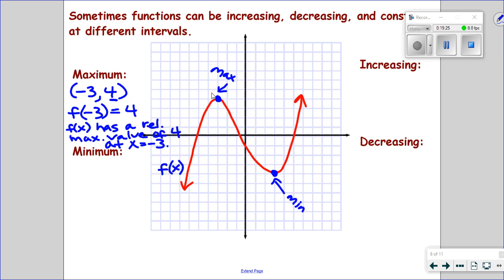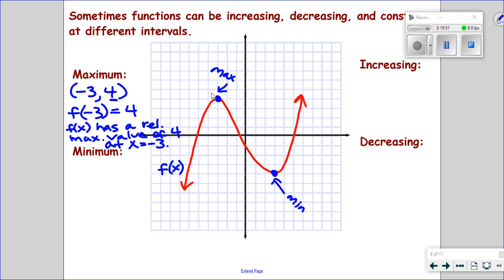So think about the turtle crossing activity that we did. In one of the problems, I think we found that the turtle had traveled like 8 feet. And so let's say that was the maximum distance. We might say the maximum distance of the turtle is 8 feet, at 2 seconds.